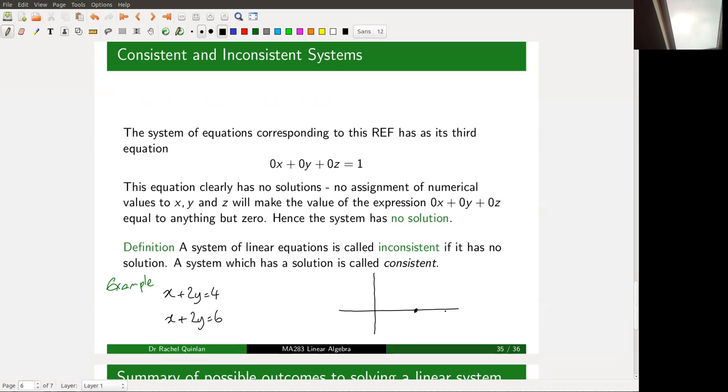The point (6, 0) is on the line x plus 2y equals 6. The point (0, 2) is on x plus 2y equals 4. The point (0, 3) is on x plus 2y equals 6. So the two equations look somehow like this.